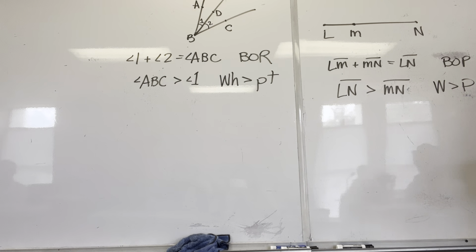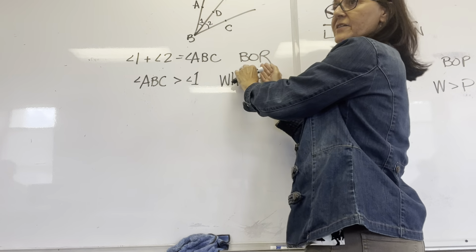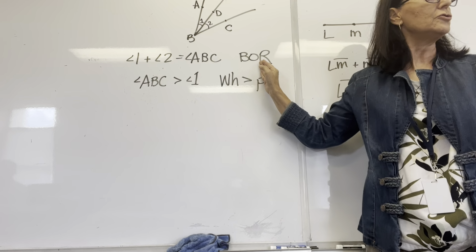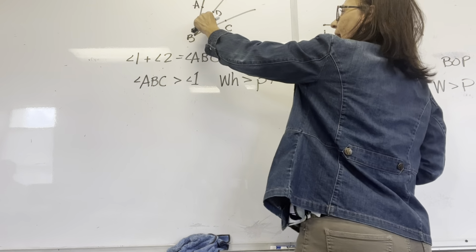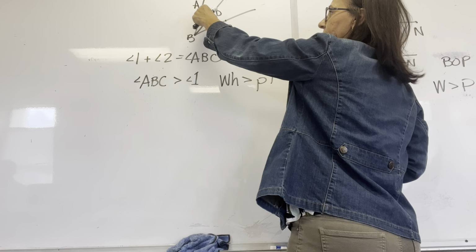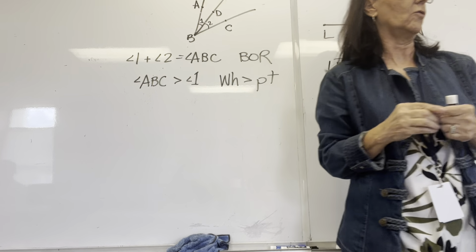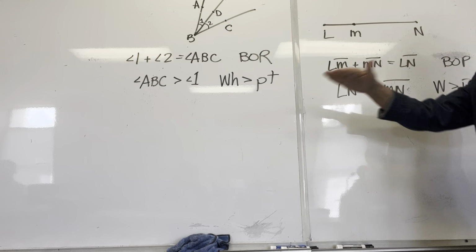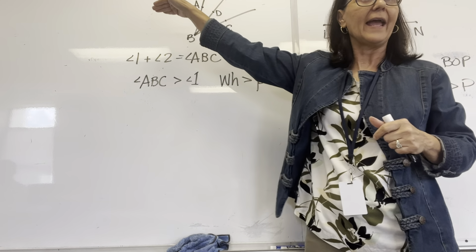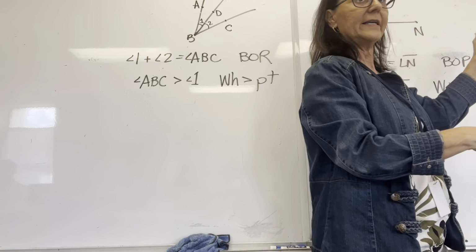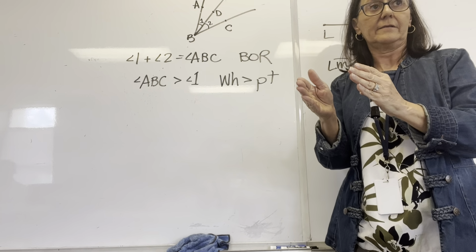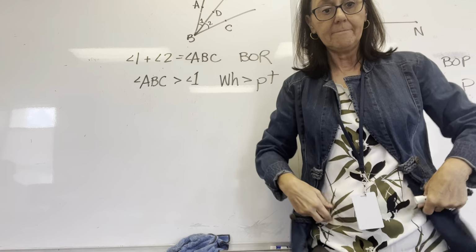Betweenness of rays says I can divide any angle into 2 separate angles, and when I add the pieces of that angle, it equals the whole angle. Whereas whole greater than part says the entire angle or the entire length of the segment is greater than any smaller part of it. Okay?